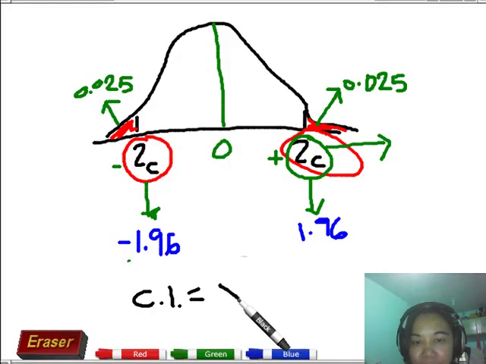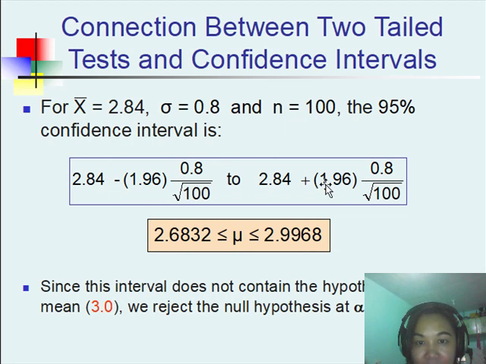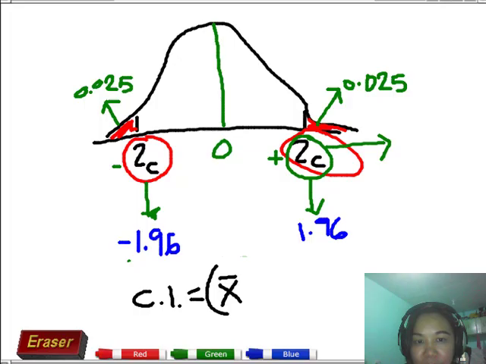So that is x bar. Take note here. This is minus and this is plus. So we have here x bar minus z alpha over 2 if it is a two-tailed test, z alpha if it is a one-tailed test, then sigma over square root of n.